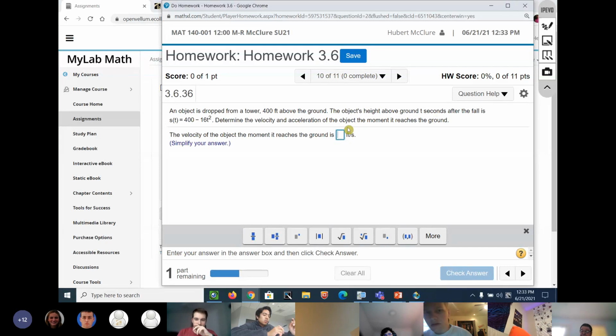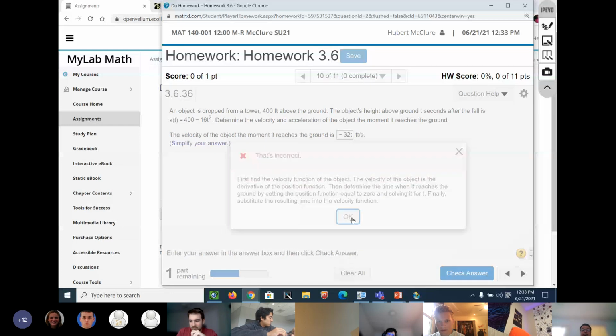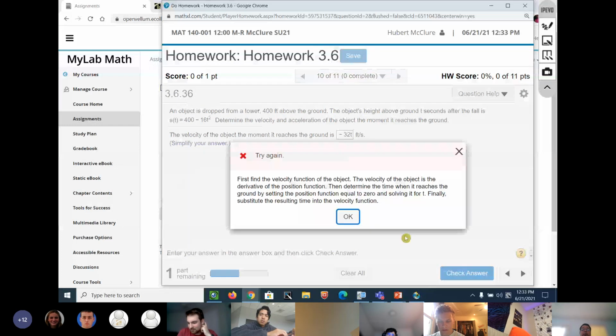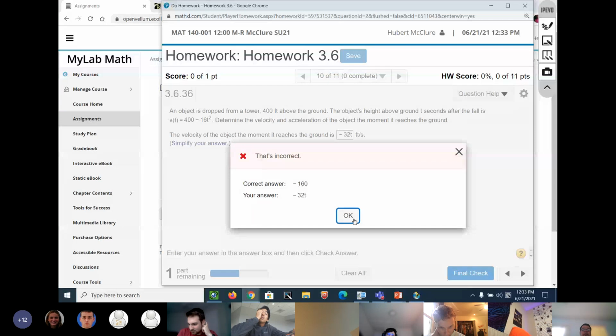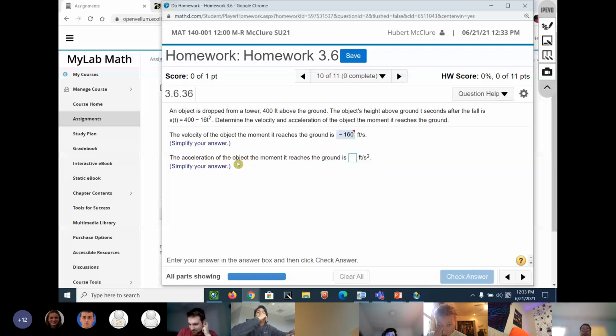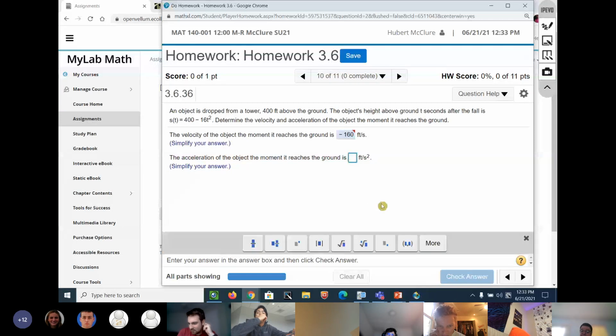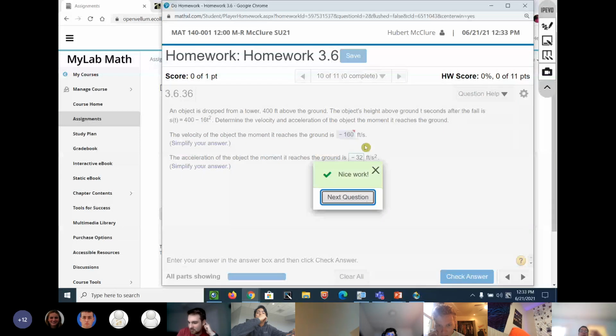I would say negative 32 t, unless they want you to plug in something. They probably want you to plug in something. And the acceleration is negative 32. So they just want you to plug in. What do they want you to plug in? I'm trying to see. Can't plug in 400. That wouldn't be right.